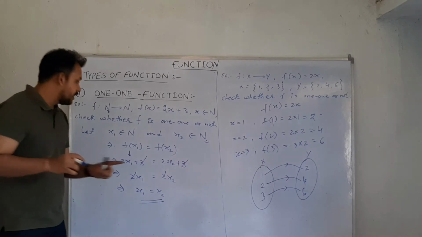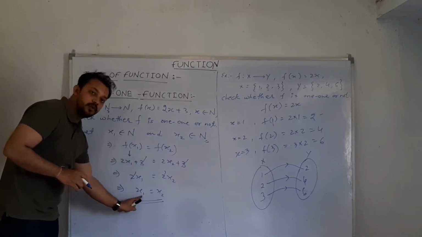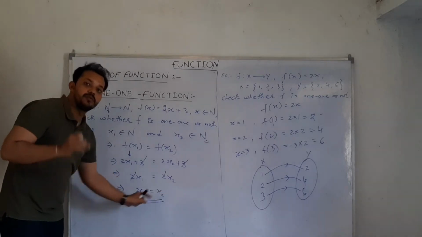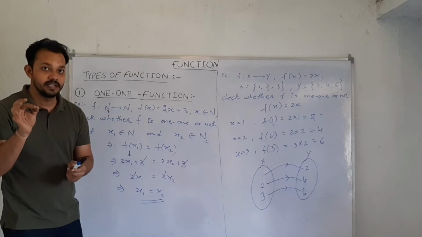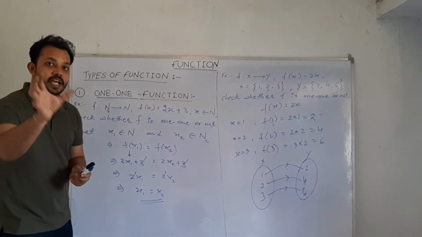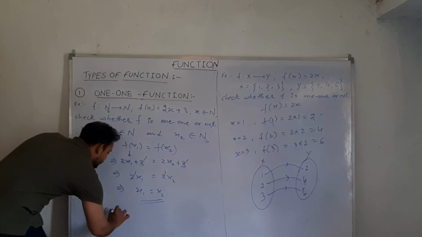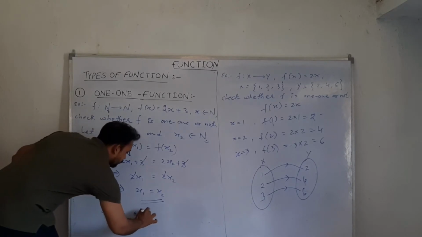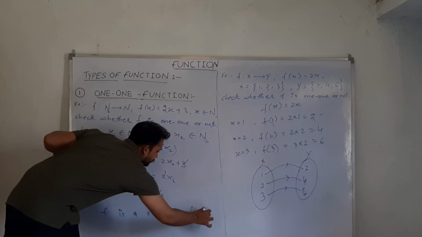Now we proved that if the images of the function are the same, then both the elements x1 and x2 are also the same. That means for the same element we are going to get the same image. Hence we can say that f is a one-one function.